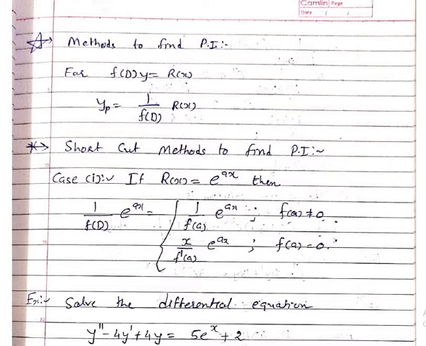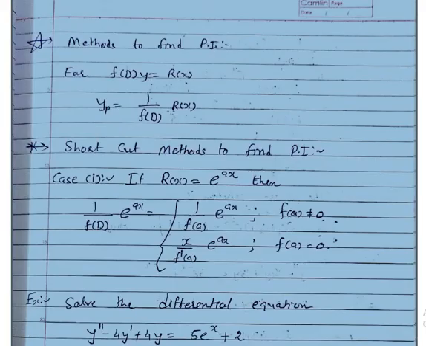After eliminating D, the solution you get is called the particular integral, and using PI we are going to write down the general solution, which is given by CF plus PI.